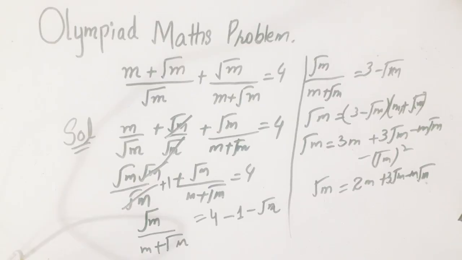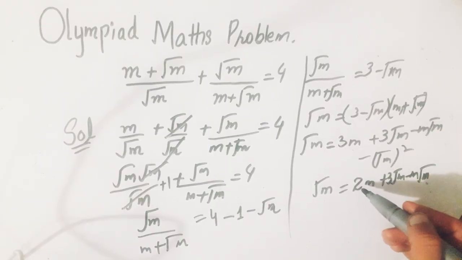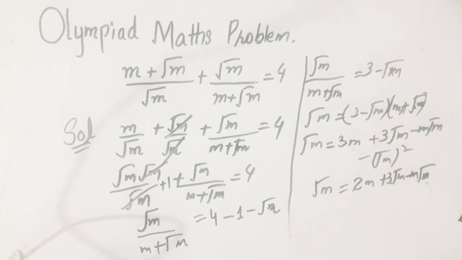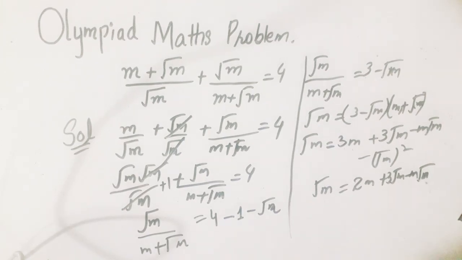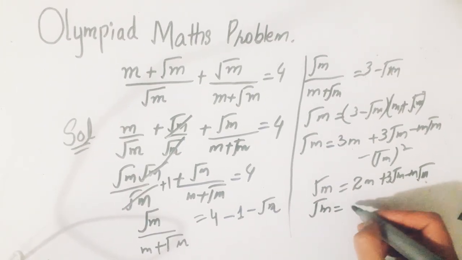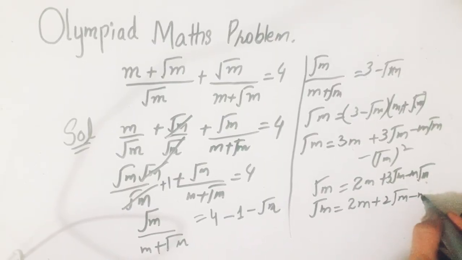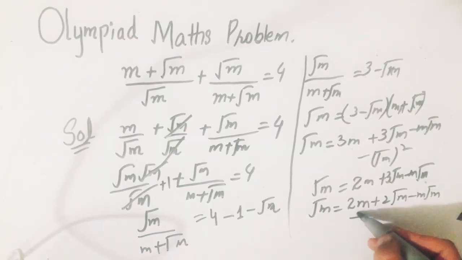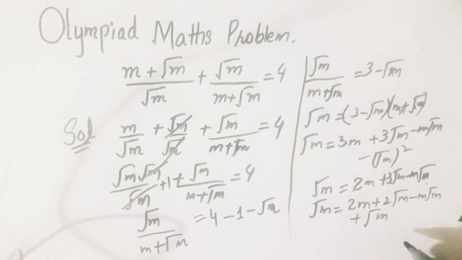So after this we will make this as 3 root m and then its root square, then this will become root of m equals 2m plus 3 root m can be written as plus 2 root m minus m root m and then plus root of m because you have to make it 3.